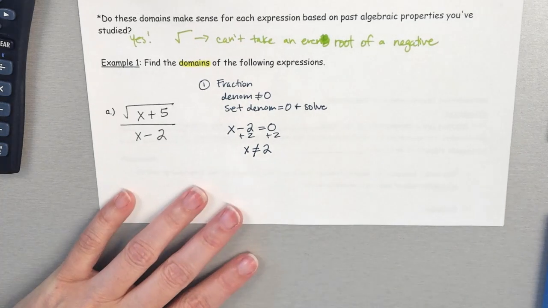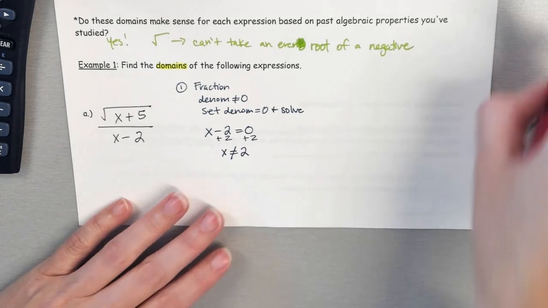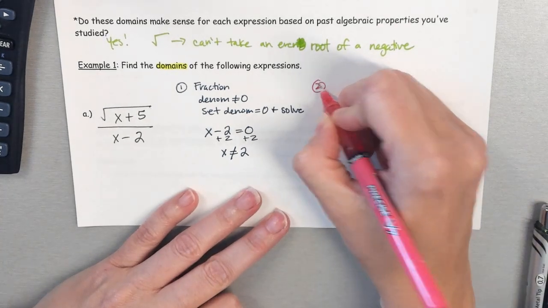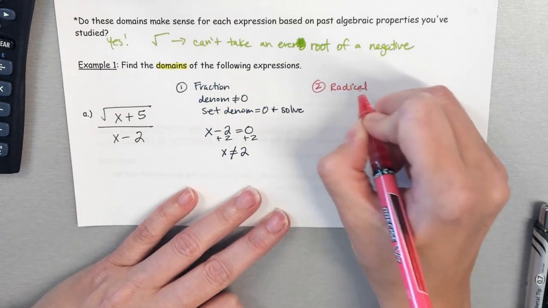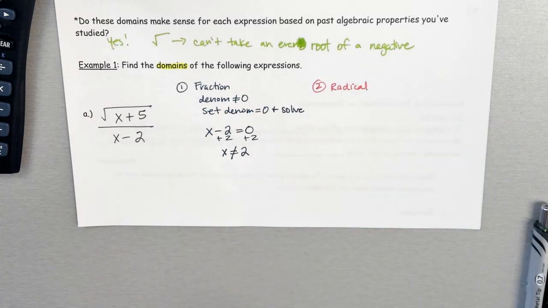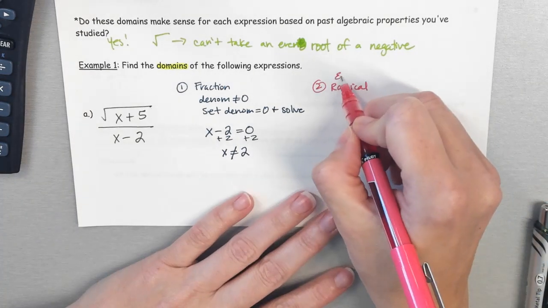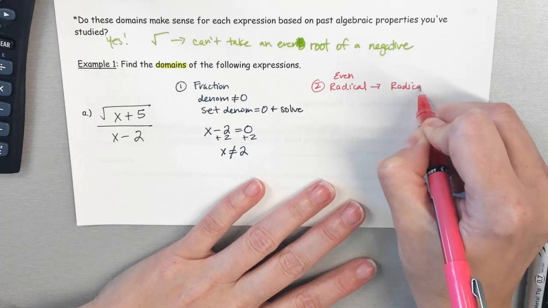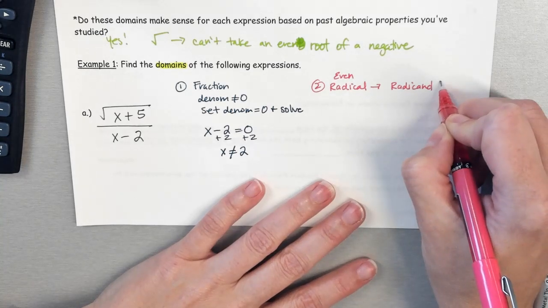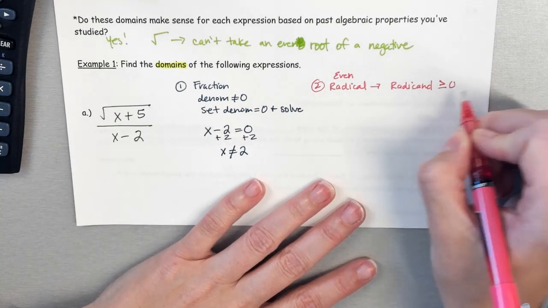Okay, and then the second part is going to be the radical. Whenever you have the even radical, you can take the radicand. Remember, the radicand's the value underneath, and set it greater than or equal to 0.